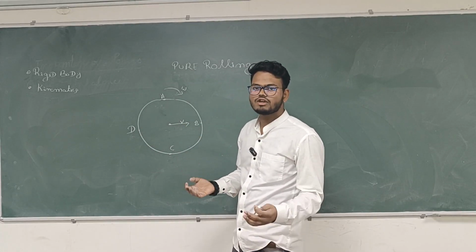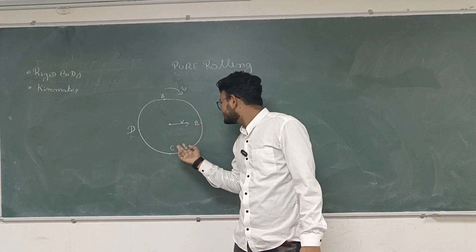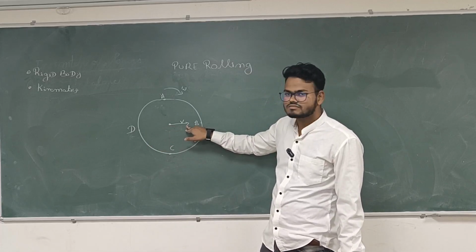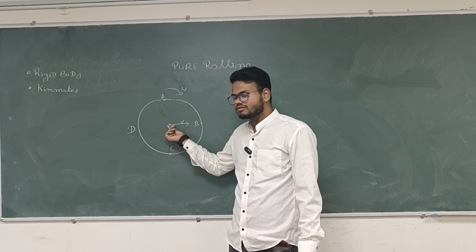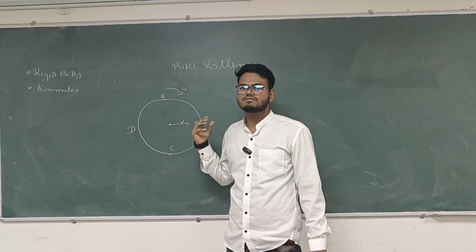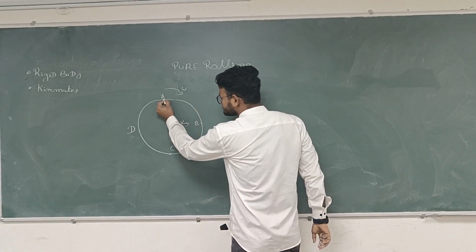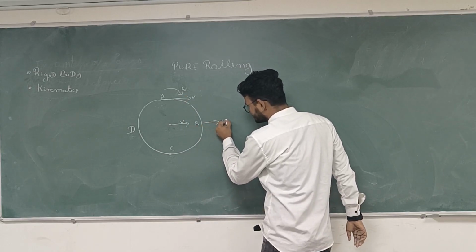So first we have to find out what velocity these points have. Because of its center of mass motion, we discussed that if any point of a rigid body has velocity v, then every point has velocity v in the same direction. So every point of this body will move with velocity v in forward direction.